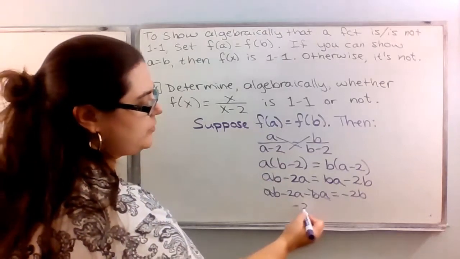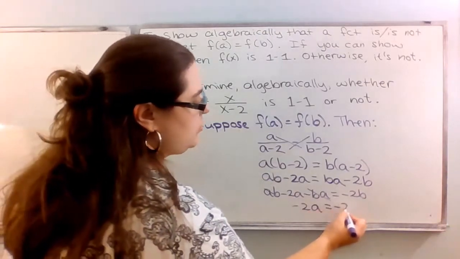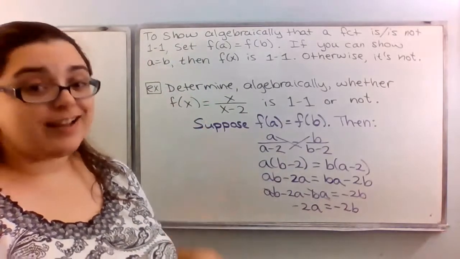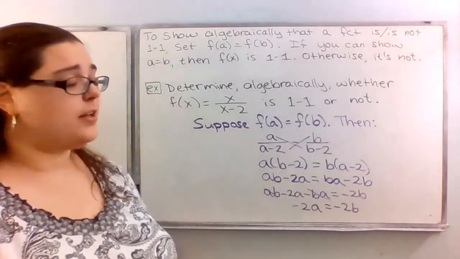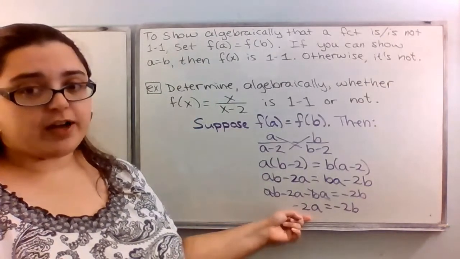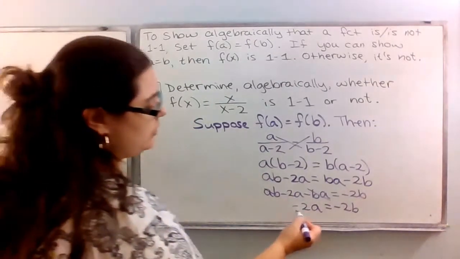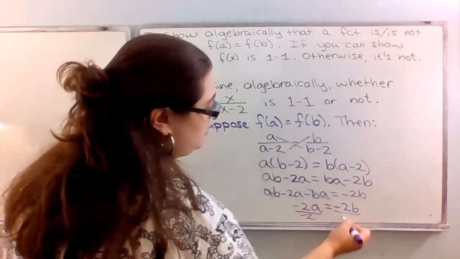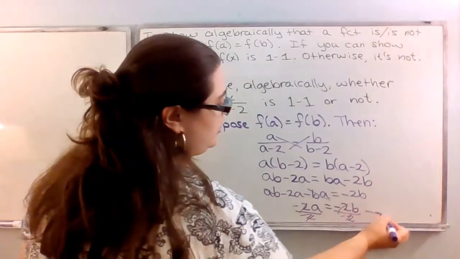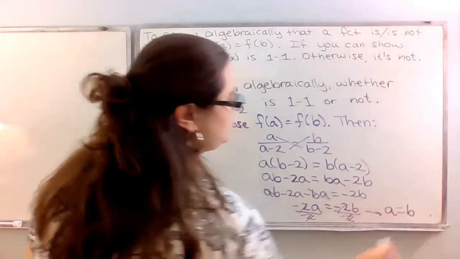And so we're going to get negative 2a is equal to negative 2b. And that has made things look a lot nicer for us. So to get a by itself, all we have to do is divide by negative 2. And we end up getting that a is equal to b.